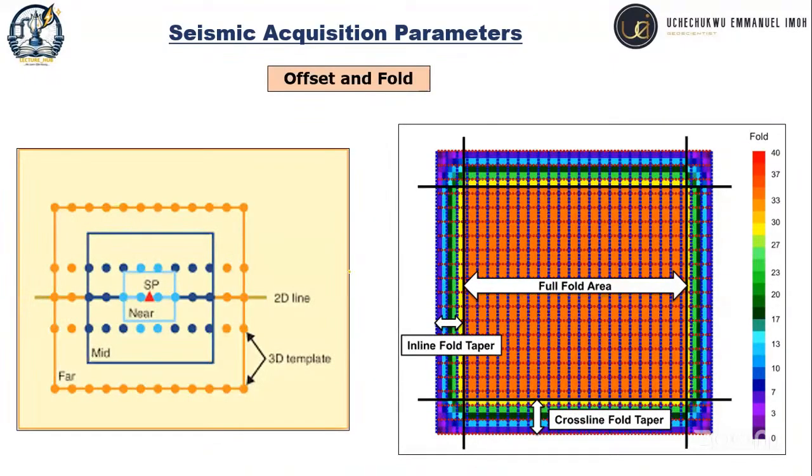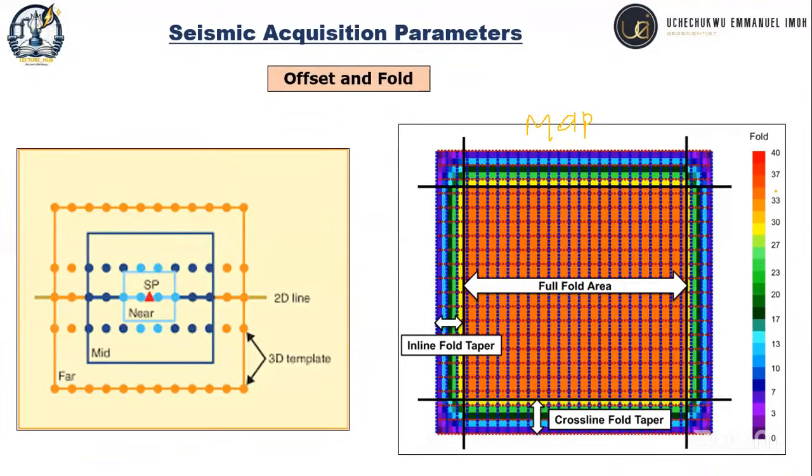Okay, so in reality, in the field, the fold of your seismic data is typically around 40, 50, and thereabout. So when you finish the acquisition, there will be what we call a fold map, which looks like this cartoon on the right. So your fold map will typically look like this, and in the central part of the acquisition area, you will have the high fold.